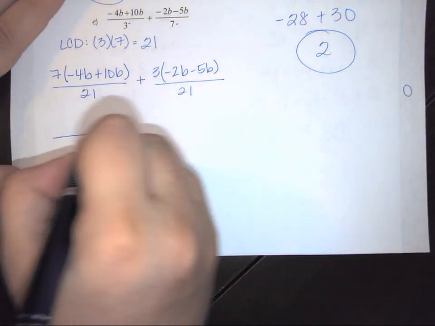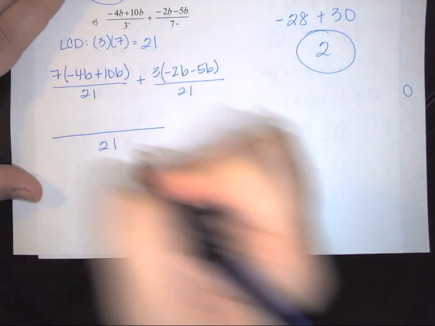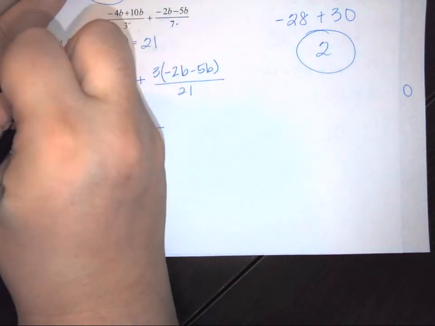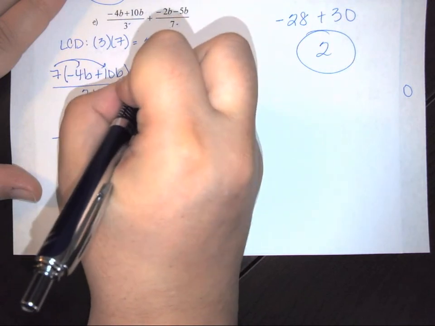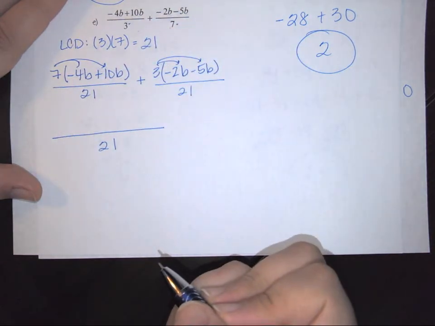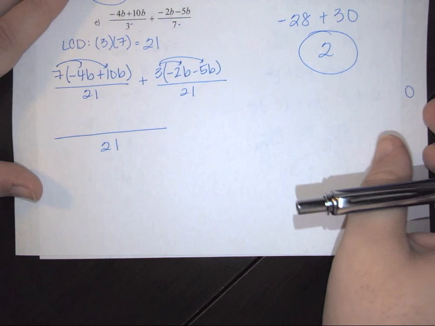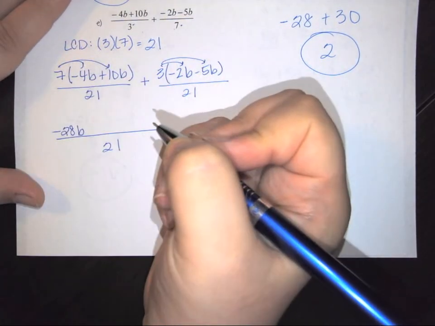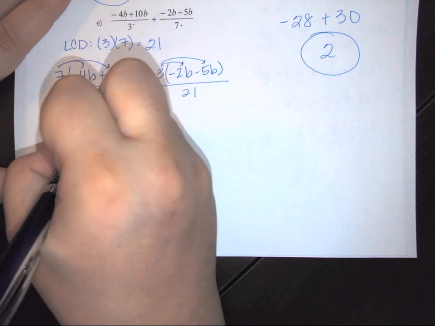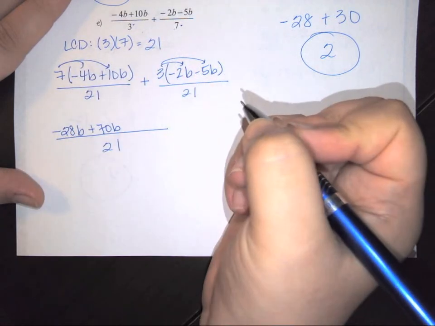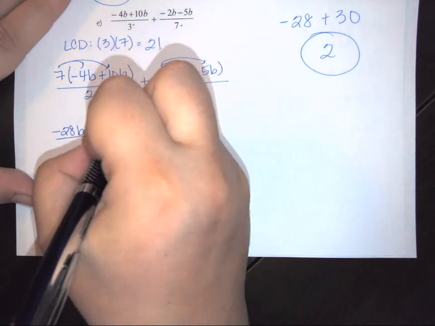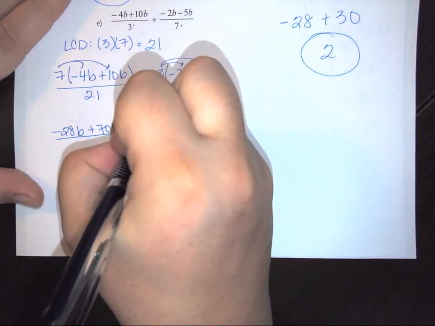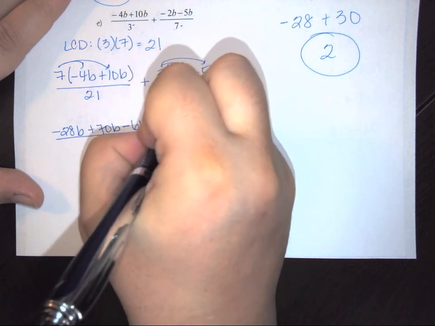So I can write this as a single fraction over 21, and I have to distribute through my two parentheses. So 7 times a negative 4 is a negative 28b. 7 times 10 is plus 70b. 3 times a negative 2 is a negative 6b. 3 times negative 5 is minus 15b.